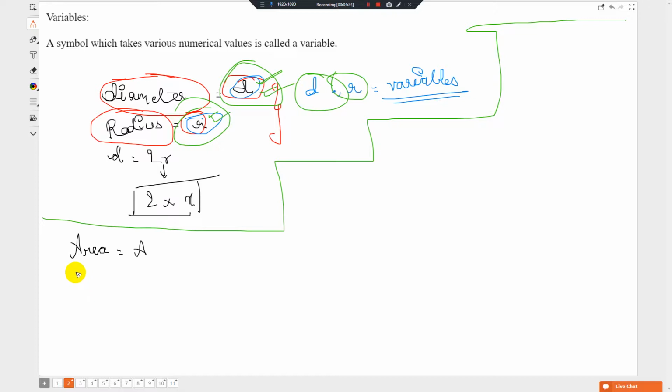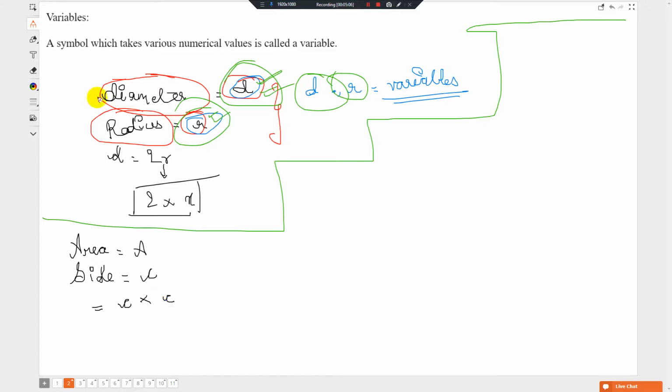If one side is c, what will the area be? The area will be c into c.